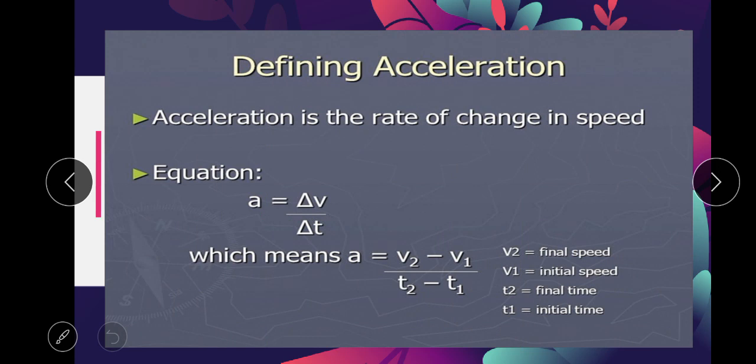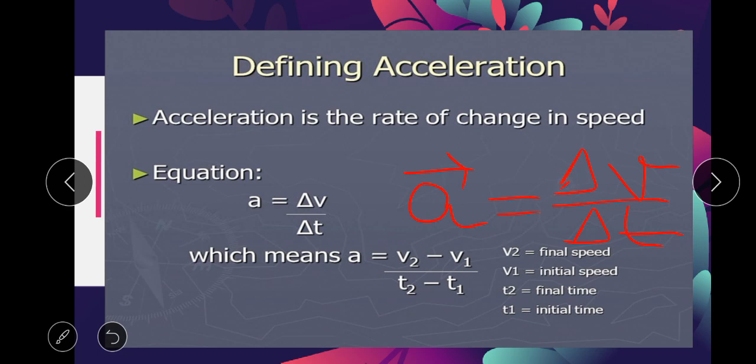Now acceleration. Acceleration is the measurement of the rate of change of speed with respect to time. It means acceleration measures how much you are changing your speed per unit time. Acceleration is a vector quantity, so you can show it as vector a equals delta v upon delta t.